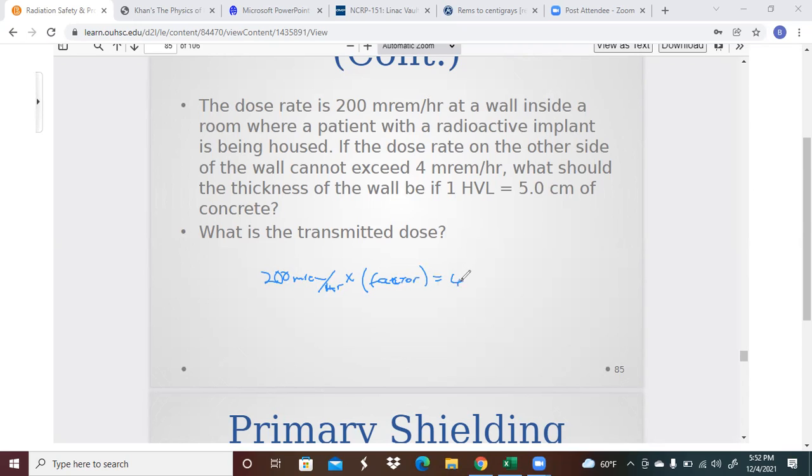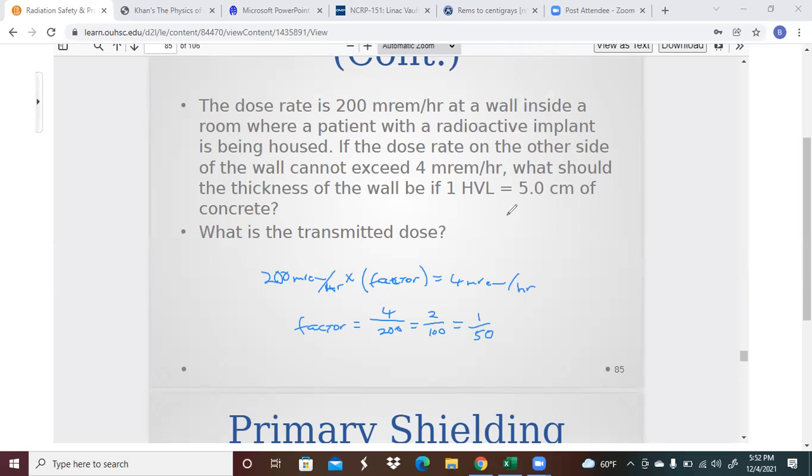And that is going to end up being 4 millirem per hour. Now, the factor is going to end up being 4 divided by 200, which is 2 divided by 100, which is going to end up being 1/50.